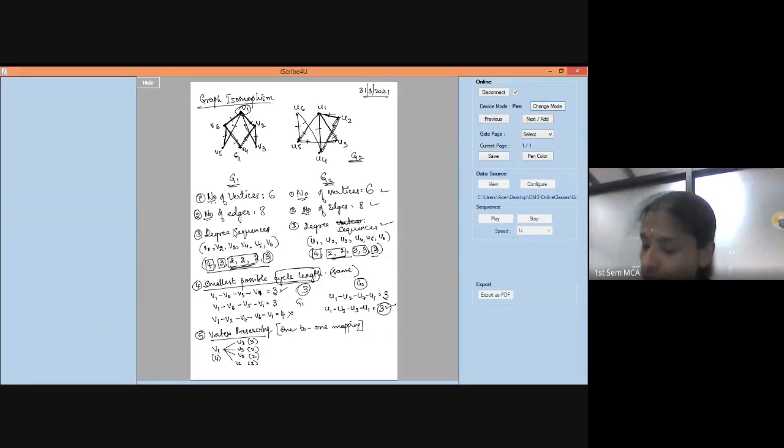Now, similarly, if I take up U1 here, U1 is the one having degree 4. What are the adjacent vertices of U1? You have U2, U3, U4, U5. So here you have degrees 2, 2, 3, and 3.